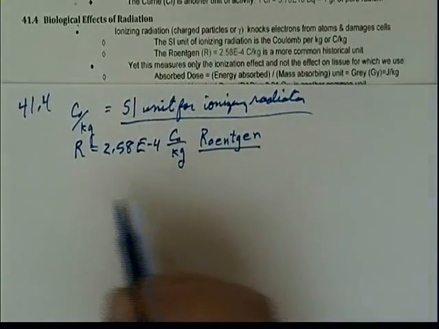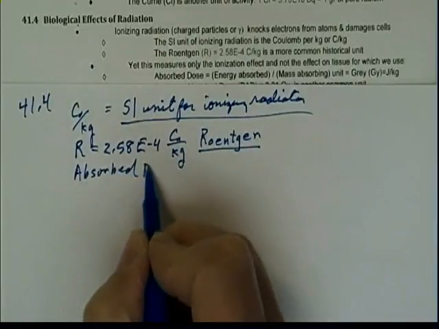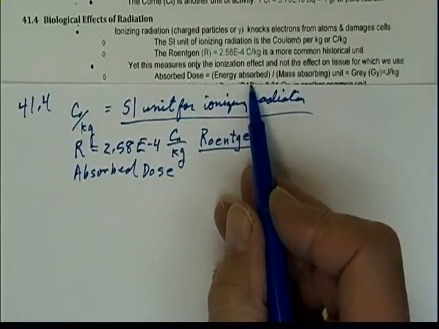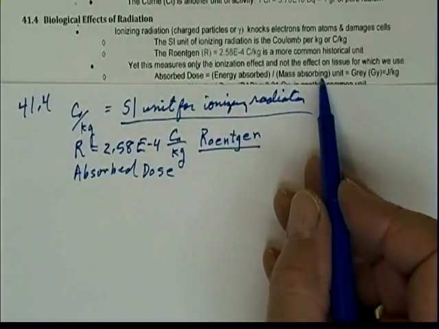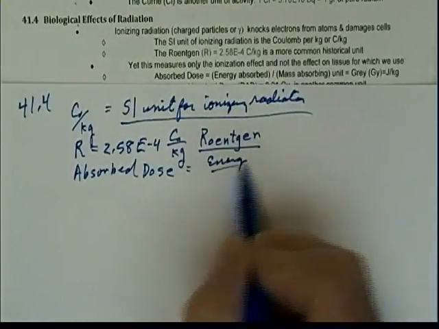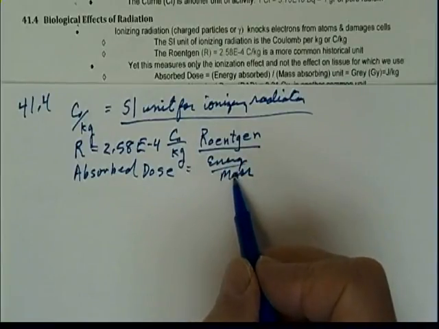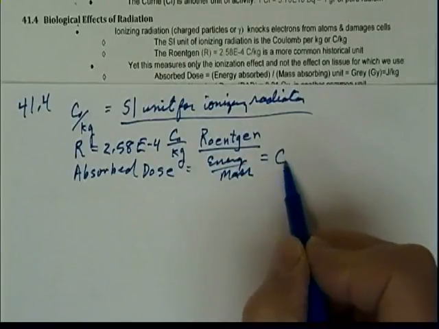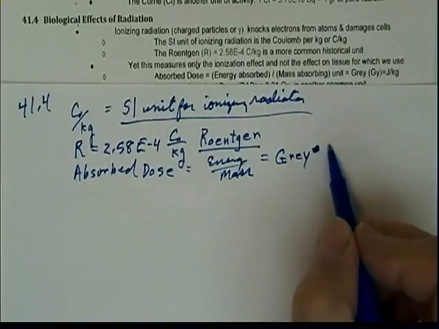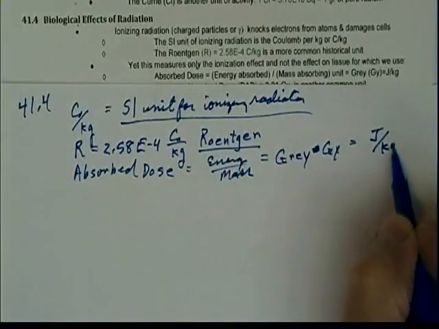Now we can talk about an absorbed dose. An absorbed dose is how much energy we absorb divided by the mass that we have absorbing it. So it's energy per mass that's absorbing it. So how much energy do we absorb? It's a lot more meaningful. And this is called a Gray, G-R-A-Y. The unit name is Gy, and it is a joule per kilogram.